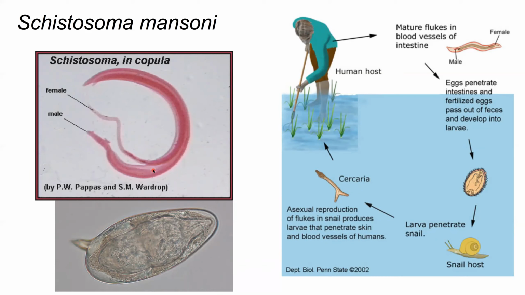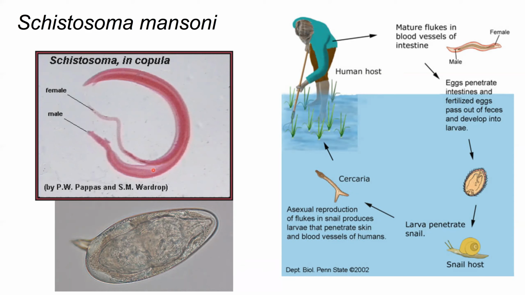This is really unusual because remember we said that platyhelminthes generally were hermaphrodites. The male and female reproductive structures are in the same organism, but schistosoma is the exception. And you know, in class how I always say, when someone asks, is it always such and such, I say, never say always in biology, never say never, never say always.